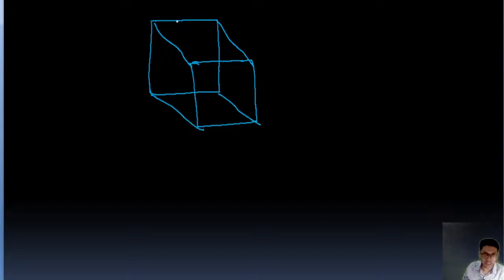Okay, we'll take this as the z-axis, this as the y-axis, and this as the x-axis. So this is the z axis, guys. x, y, z. This is the origin. So now this is going to be this plane, guys.